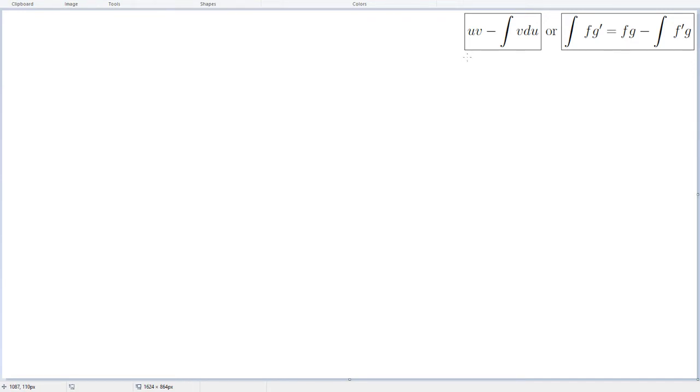The majority of you mainly use this formula, but I mostly use this one because it's simpler for me. Either way, it should work out the same. So let's get to the first example.